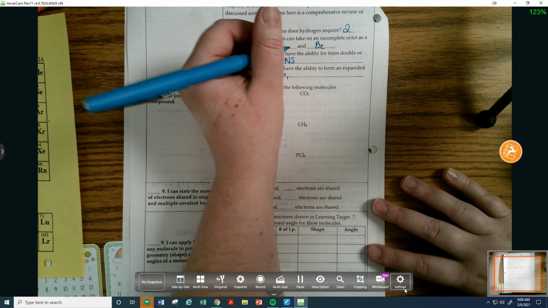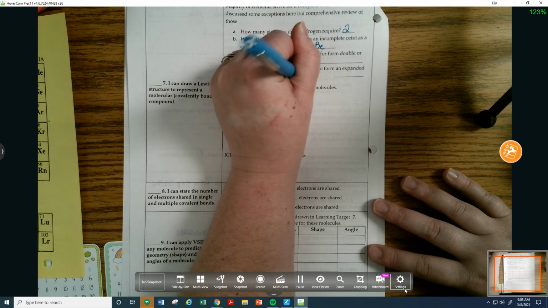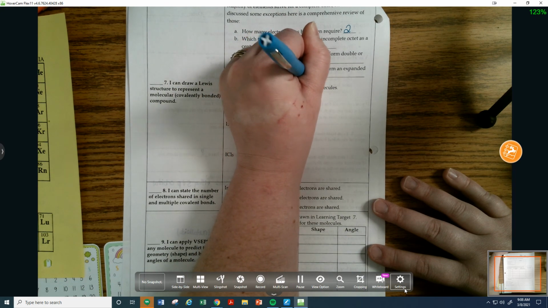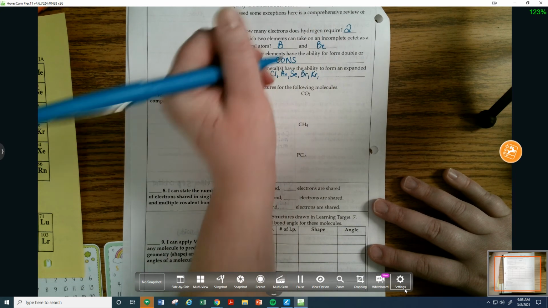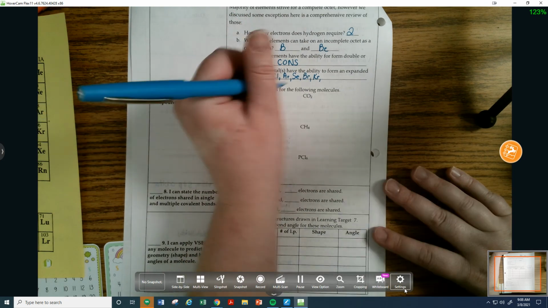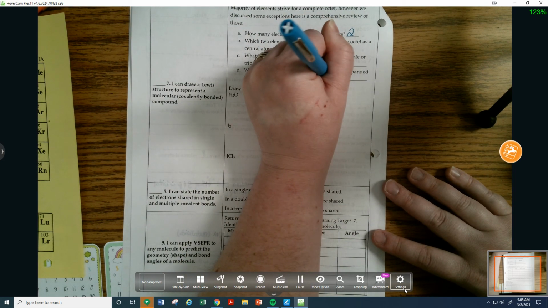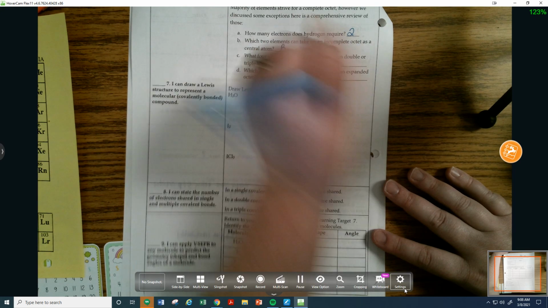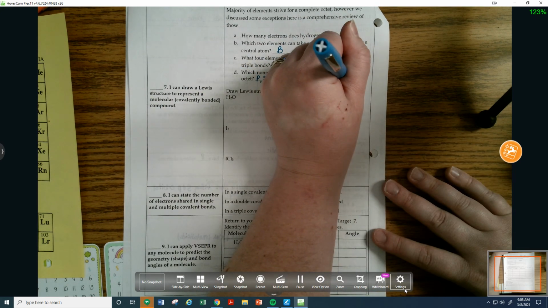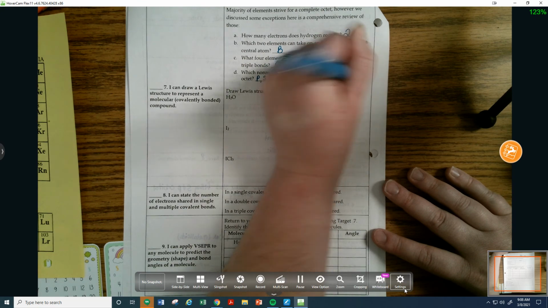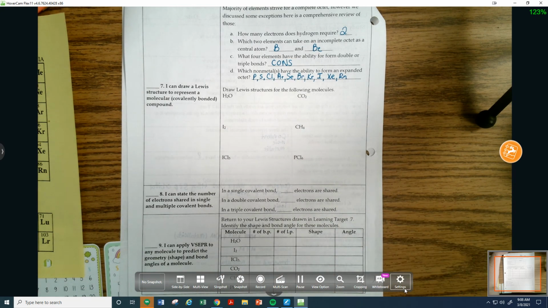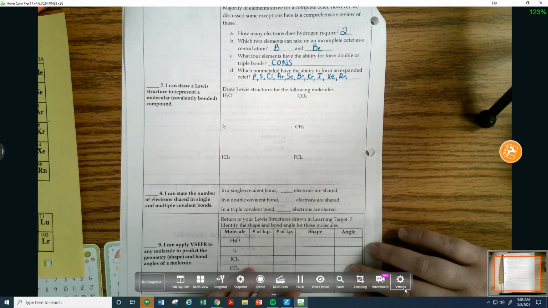Period 4, we have selenium, bromine, krypton. Moving down another row, iodine and xenon. And the last one for period 6 is radon, and we don't really need to worry about period 7. Okay, so those are some things to look out for on your test with Lewis structures.